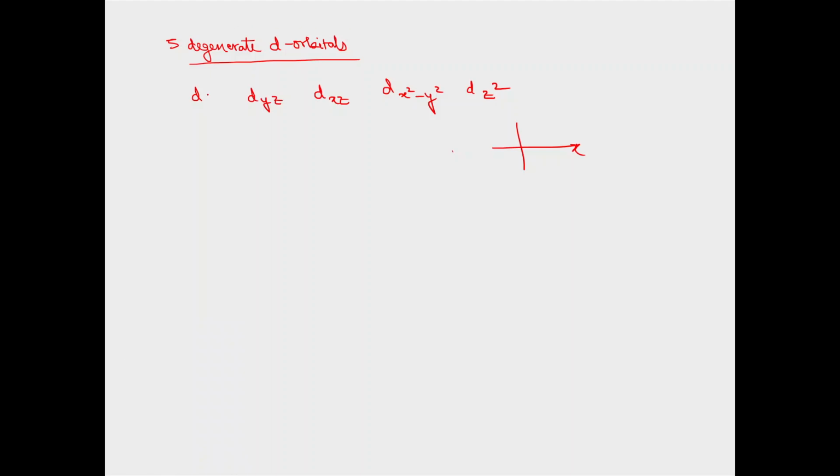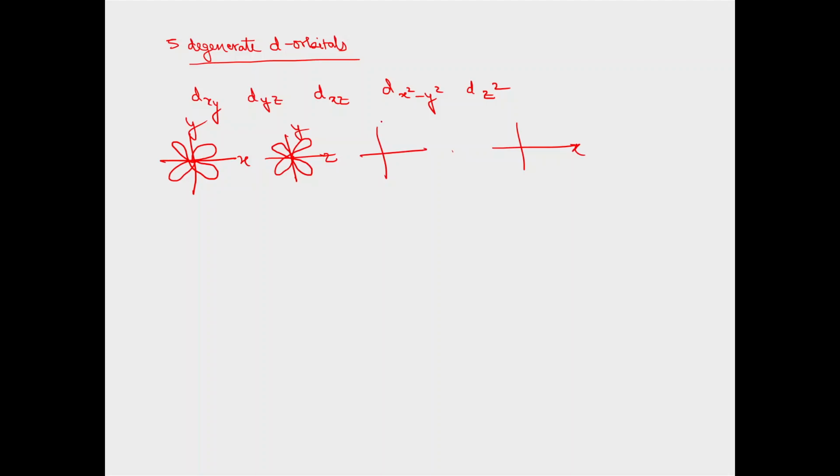Okay. So dxy, dyz and dxz lobes, we know, are between the axes, right? If this is x and y, then the dxy orbital will be present like this. If this is the yz axis, then dyz will be somewhat like this.